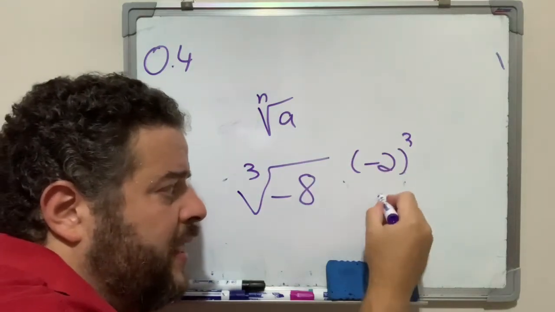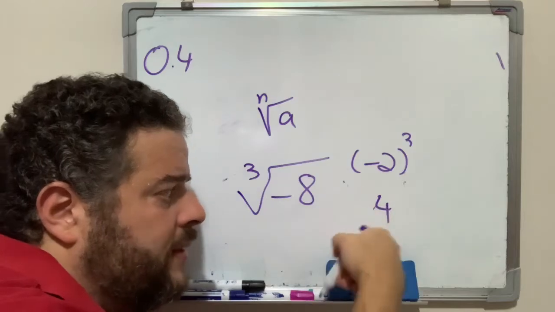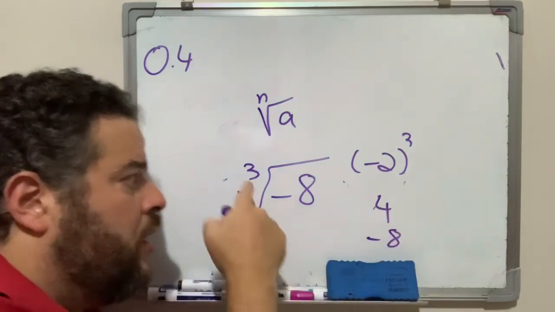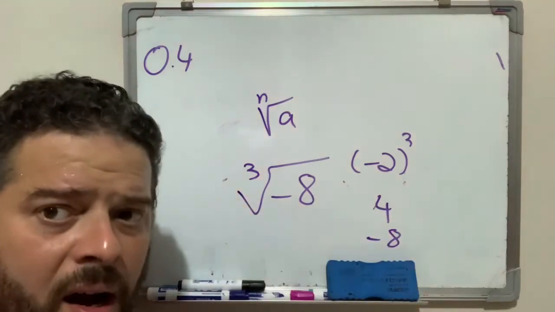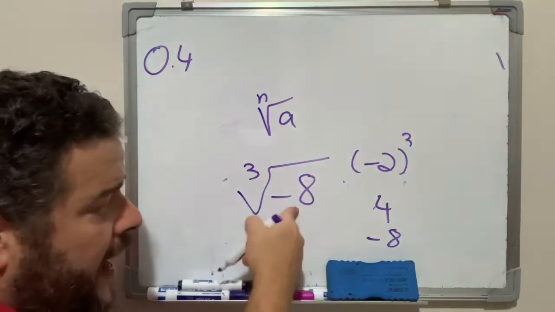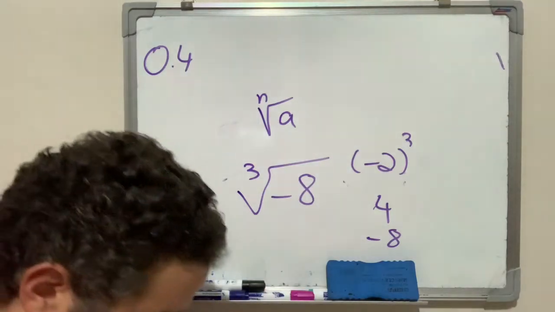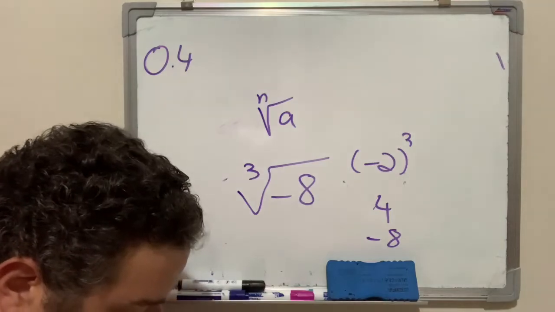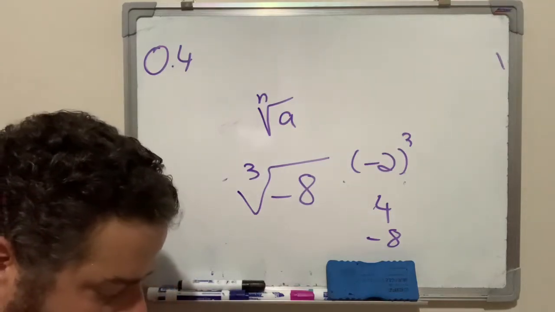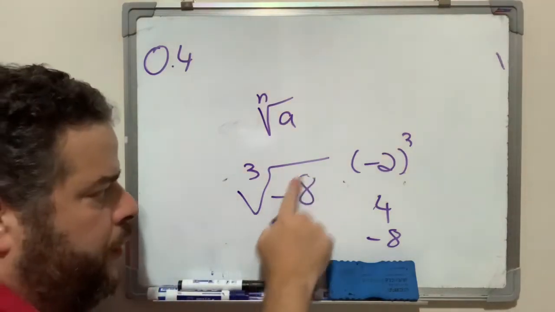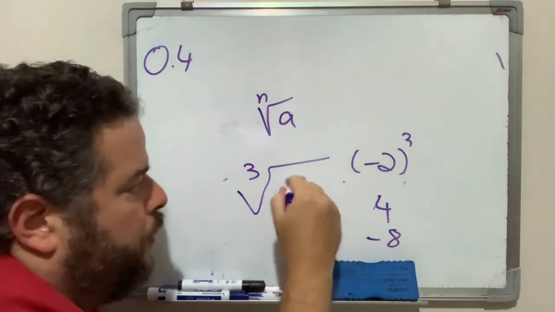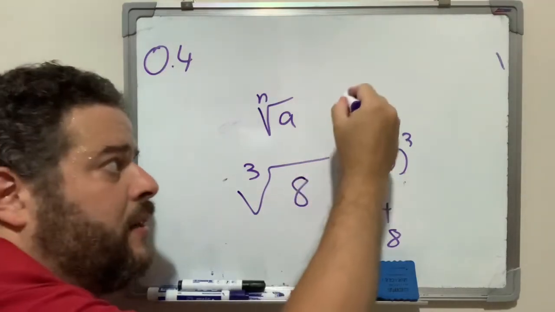Negative 2 times negative 2 is positive 4, times negative 2, negative 8. So when n is odd and a is greater than 0, you have one positive and 0 negative roots. For example, the cubic root of 8 is just going to be 2.